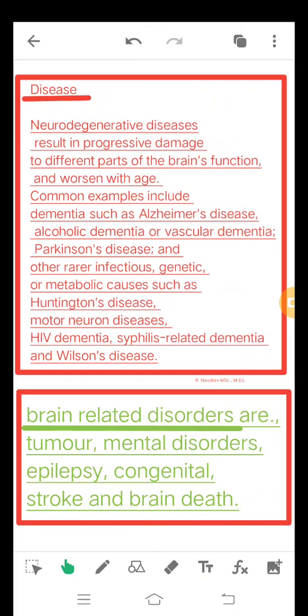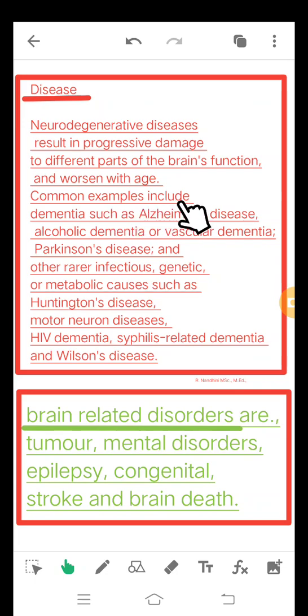Then we discuss the diseases of the human brain. Neurodegenerative diseases result in progressive damage to different parts of the brain functions and worsen with age.